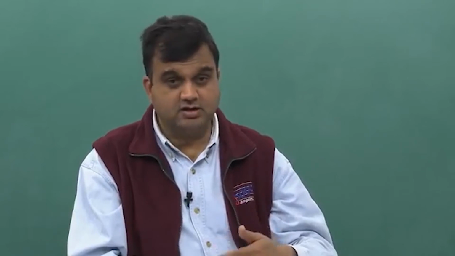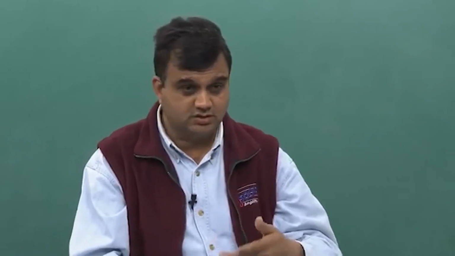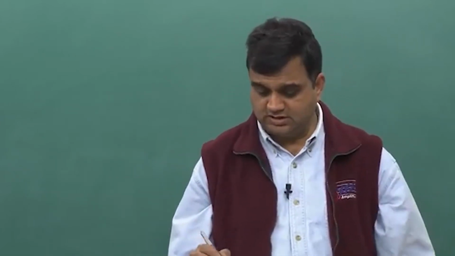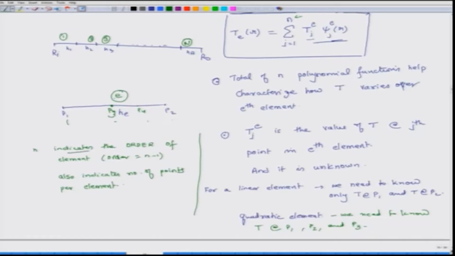It's a linear element, it's a cubic element. So now I am again introducing some extra terminology, and you have to become increasingly more comfortable with it. So n indicates the order of the element, it does not mean n is equal to order, but n minus 1 is the order, and it also indicates how many points you have per element.